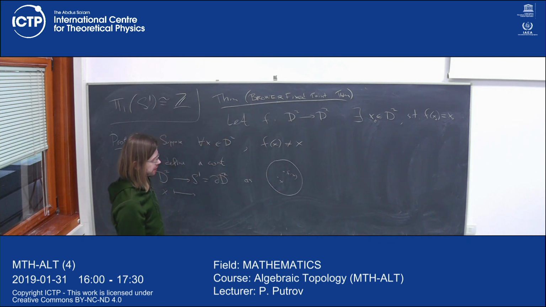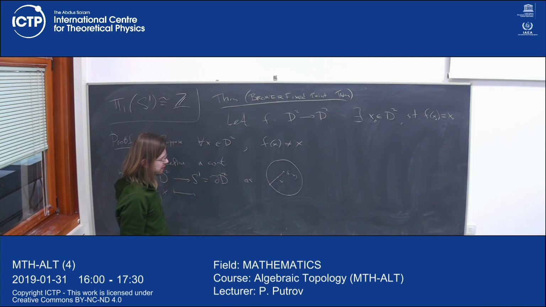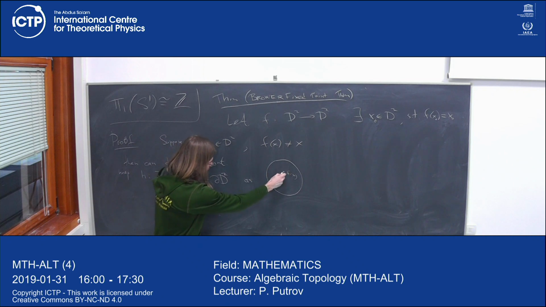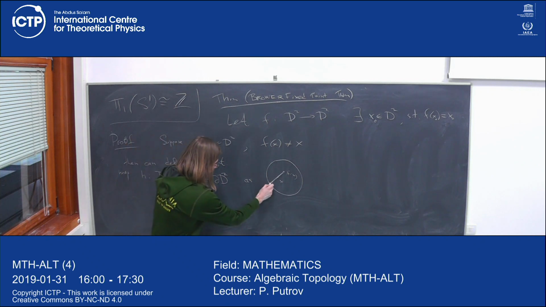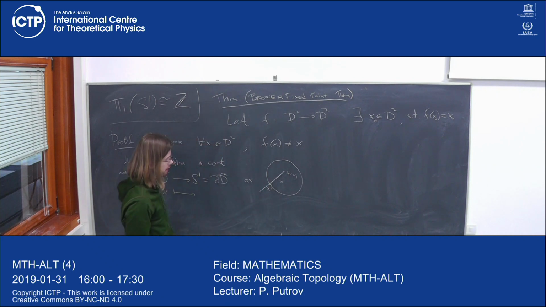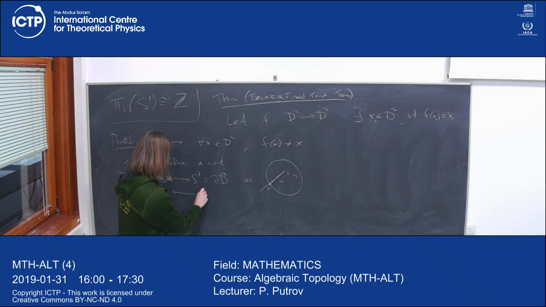Here we use our assumption that f of x is not the same as x, so these are two distinct points, and then we can draw a ray starting from f of x and going through x. Since these two points are distinct, there is a unique ray like this, and the intersection of this ray with the circle we denote by x prime.